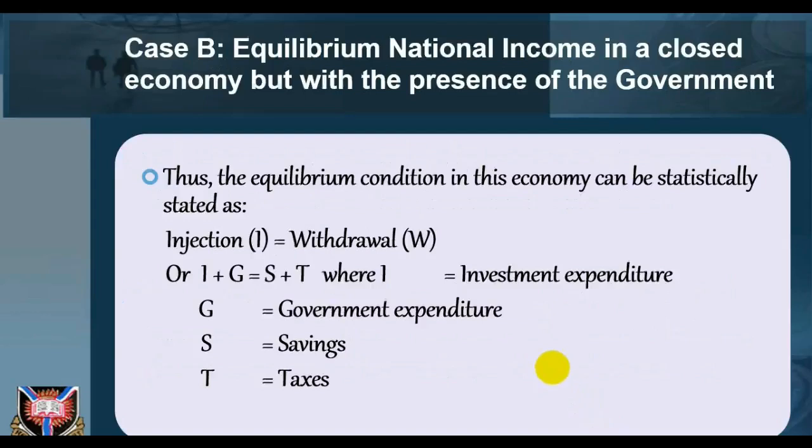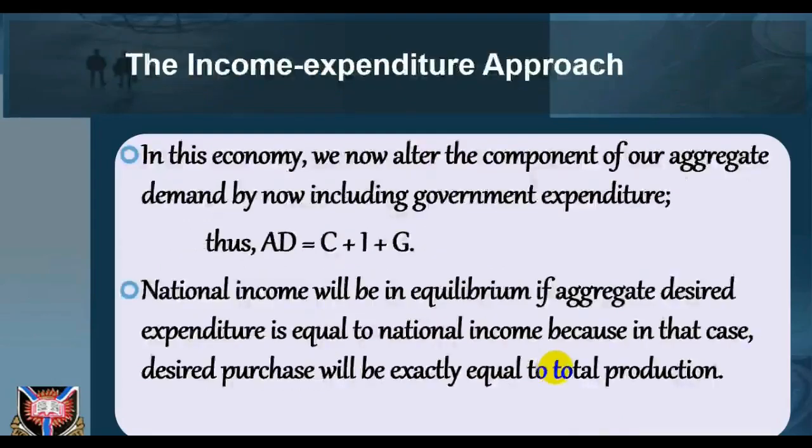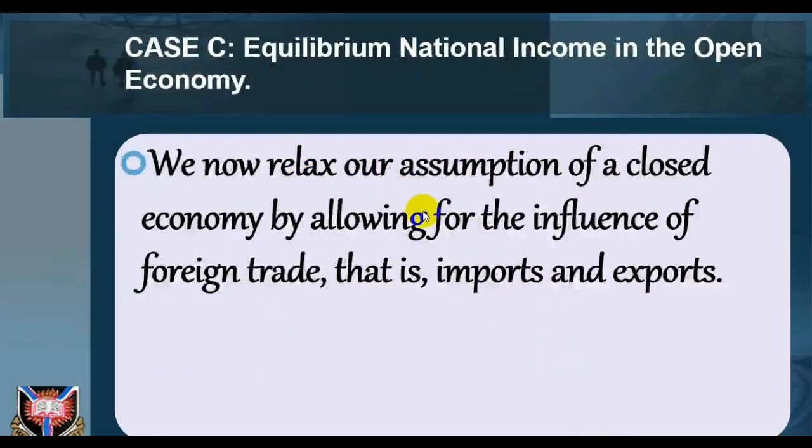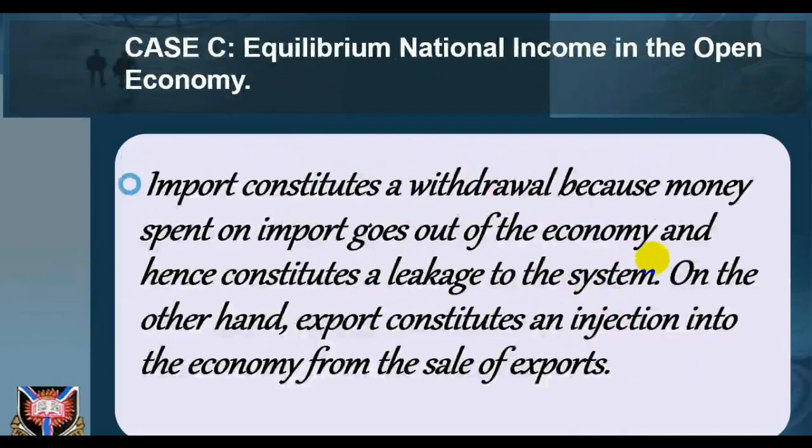Case 3, equilibrium national income in the open economy. We now relax our assumptions of a closed economy by allowing for the influence of foreign trade, that is, imports and exports. The introduction of imports and exports introduces additional variables into our analysis.